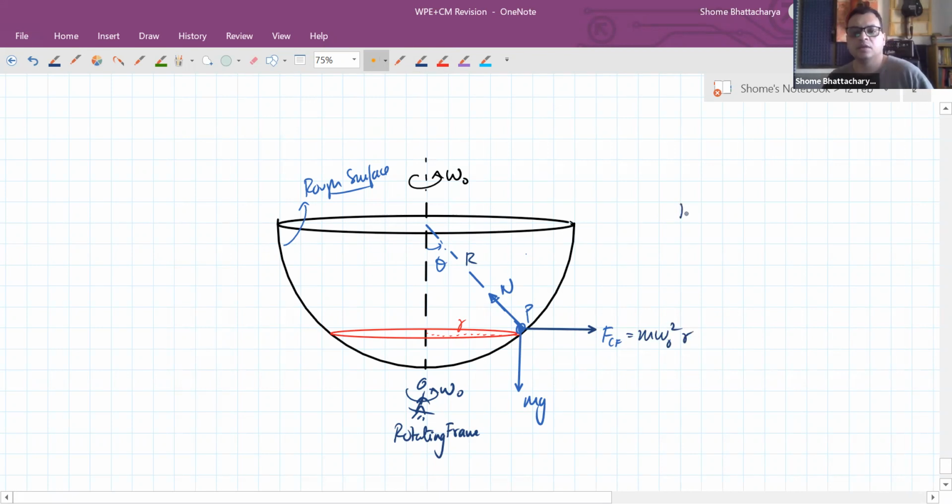Now you can see that small r will become capital R sine theta. And we can see that this angle is theta.